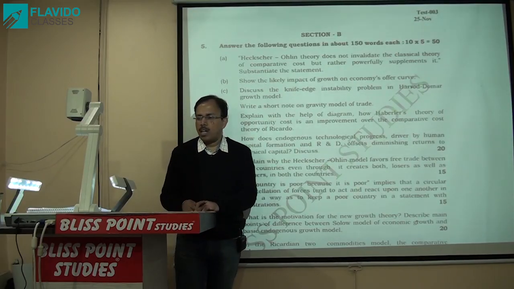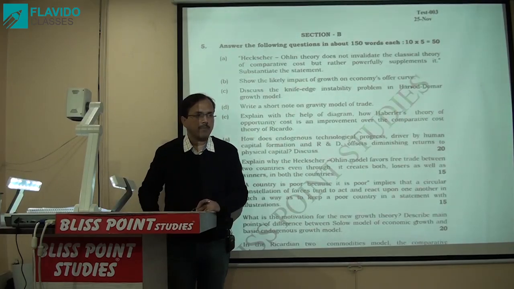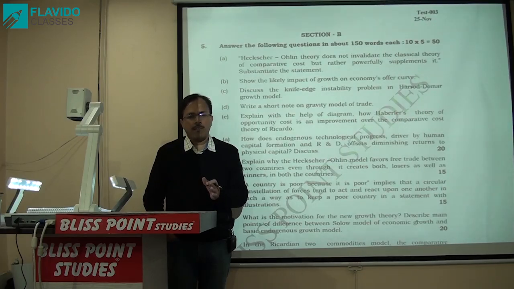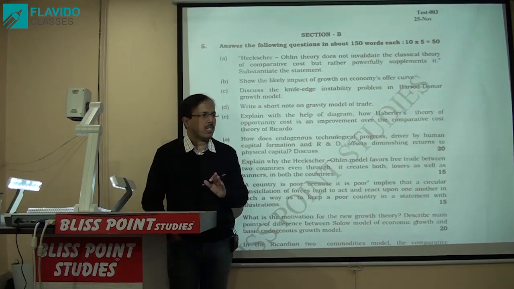And what is the basic statement of HO model? HO model simply says that trade arises because of difference in endowment of resources. A labor abundant country will specialize in labor intensive goods and a capital abundant country will specialize in capital intensive goods.